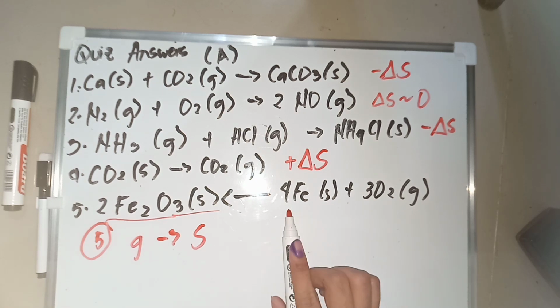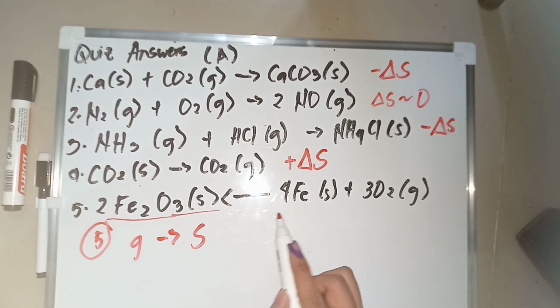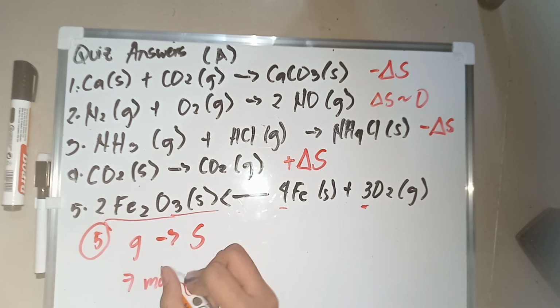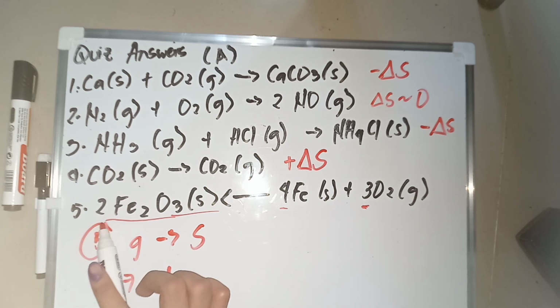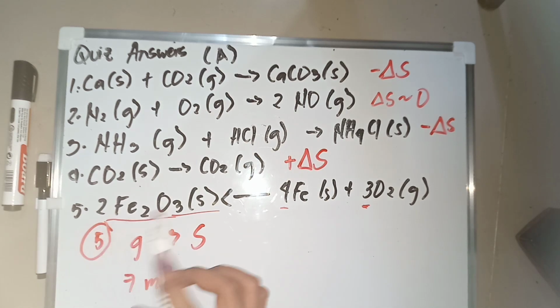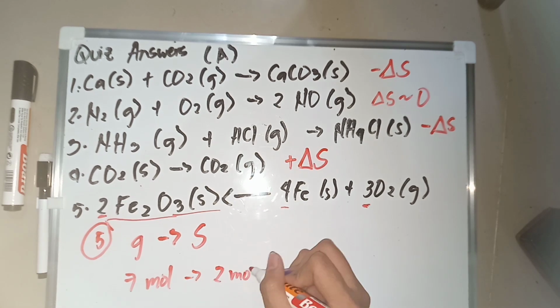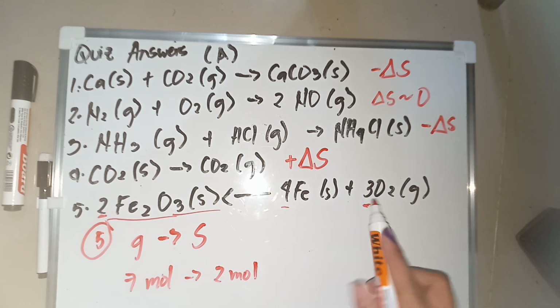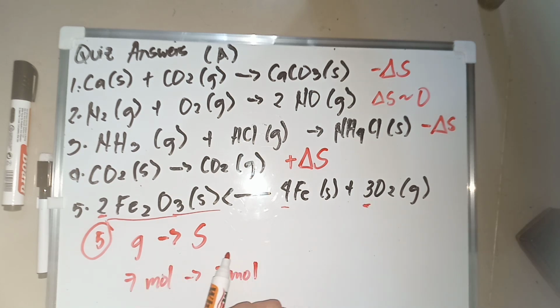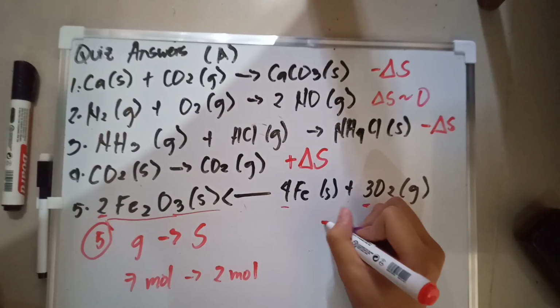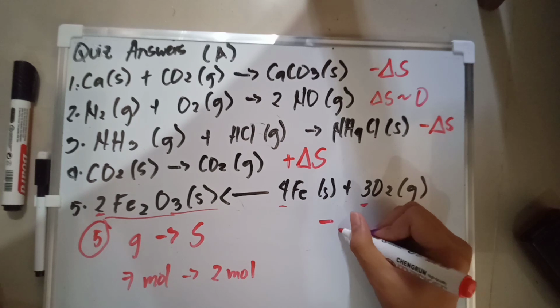And the number of molecules in our reactant, we have 4 and 3, so 4 plus 3 is 7 molecules. The number of molecules in our product is 2. So gas to solid means a decrease in entropy, and we also have a decrease in molecules. So number 5 will have a decrease in entropy.